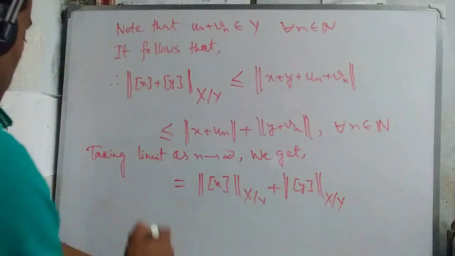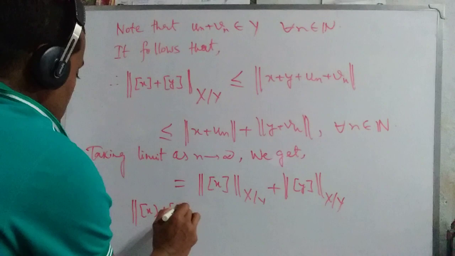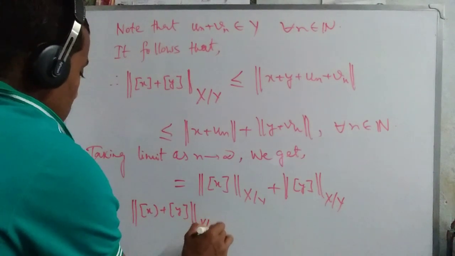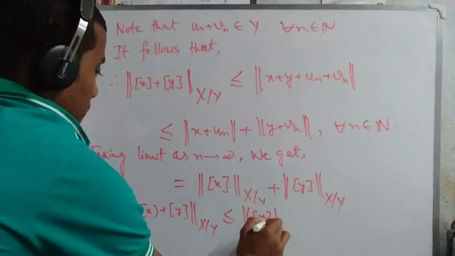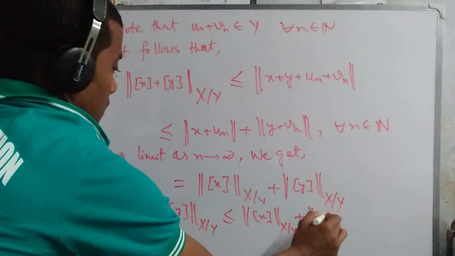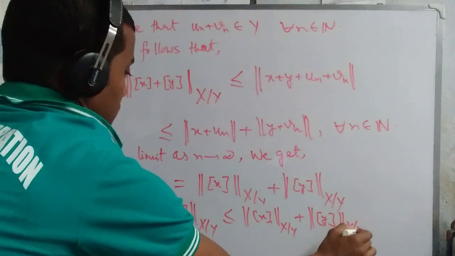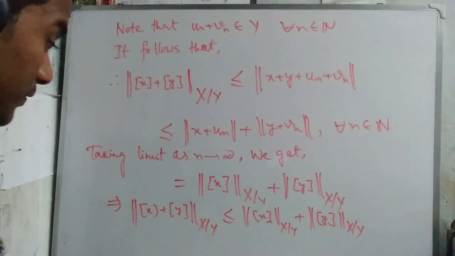Okay, so we write in this way, norm of x plus norm of y here less than equal to norm of x and norm of y. Okay, so we arrive this portion.